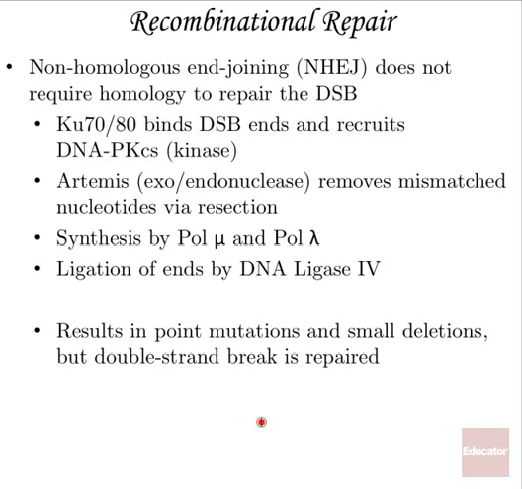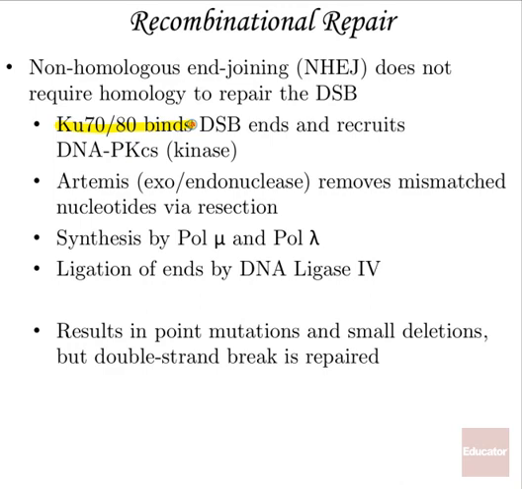Now, non-homologous end joining does not require homology to repair the double-strand break. We have a protein complex, a heterodimer, Ku70/80, binding double-stranded ends and recruiting a kinase called DNA-PKcs, DNA protein kinase catalytic subunit.